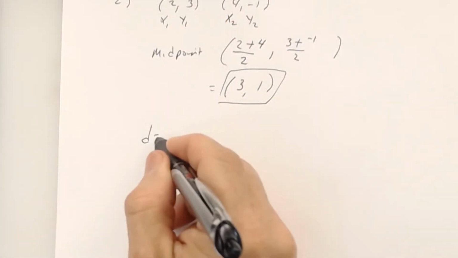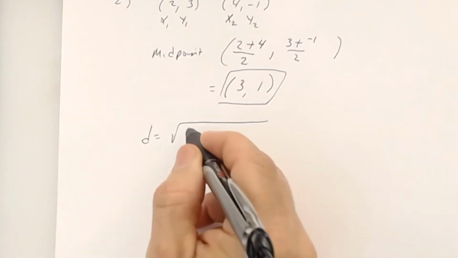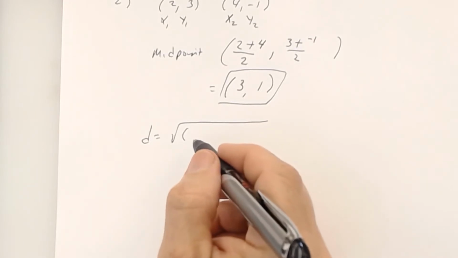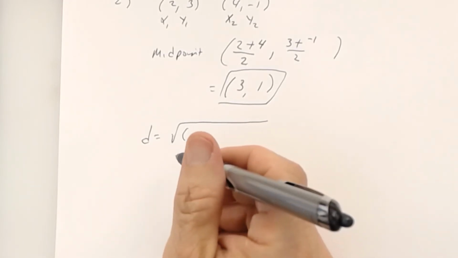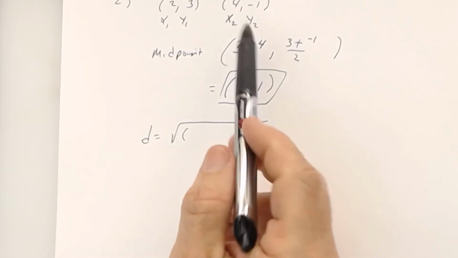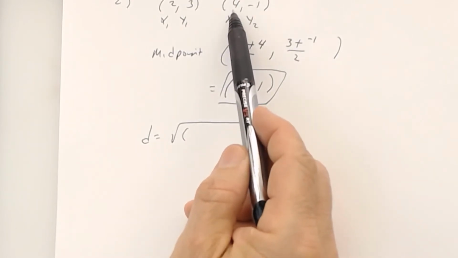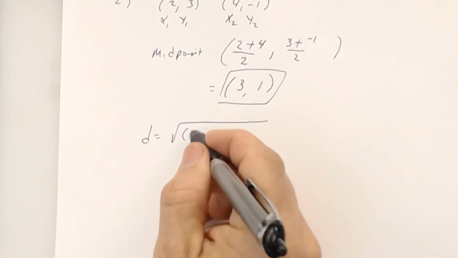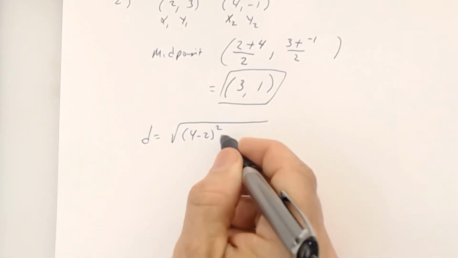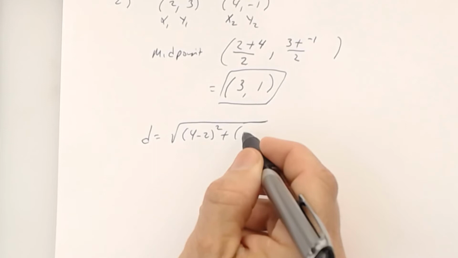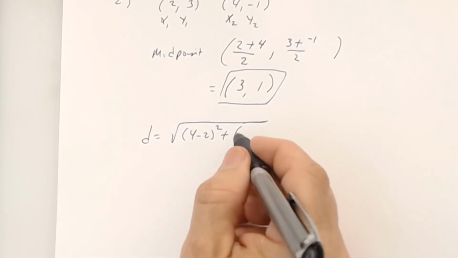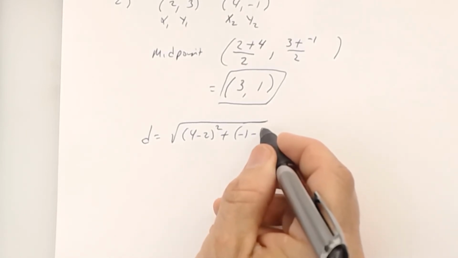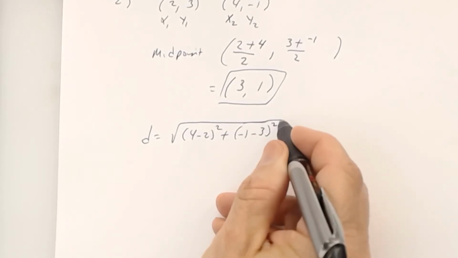Distance will be the square root of. All right, so you subtract your x's from each other. It does not matter the order. If you want to start with 4, you can. You would say 4 subtract 2, squared, plus, you want to start with -1 for the y? Does not matter. -1 subtract 3, squared.